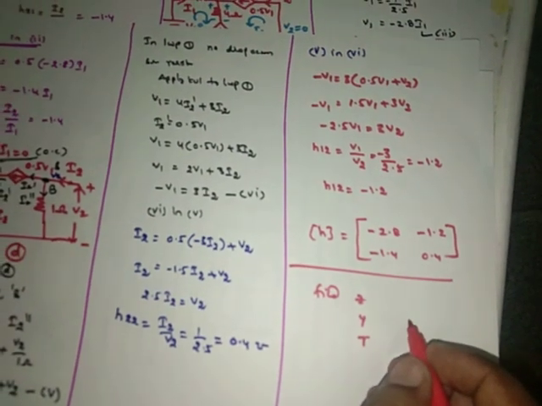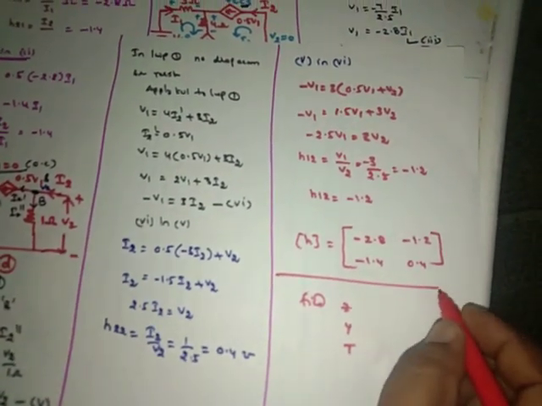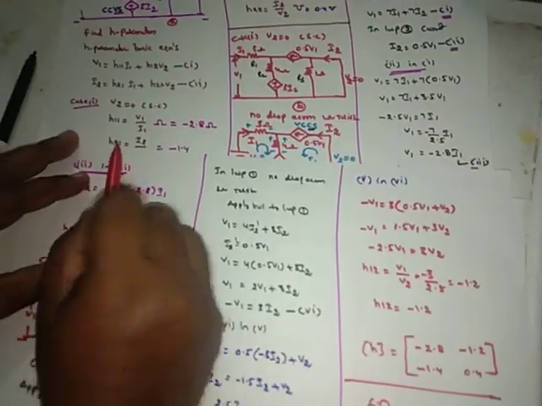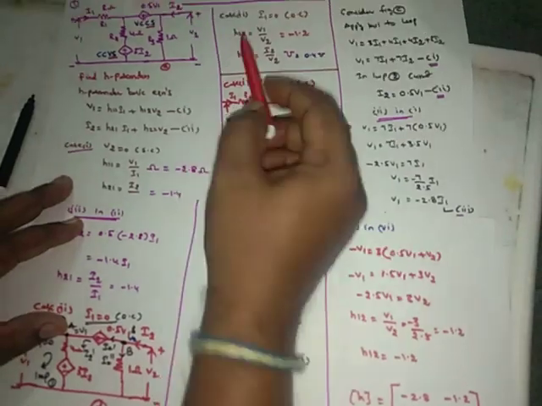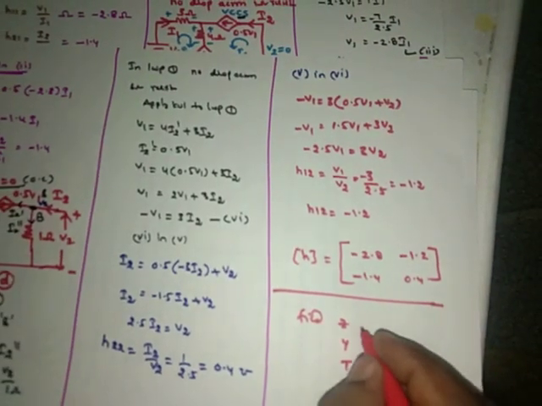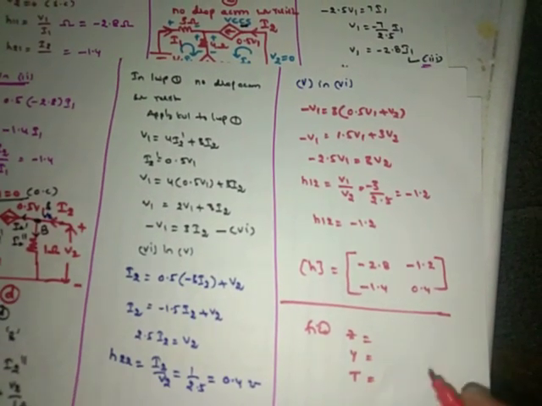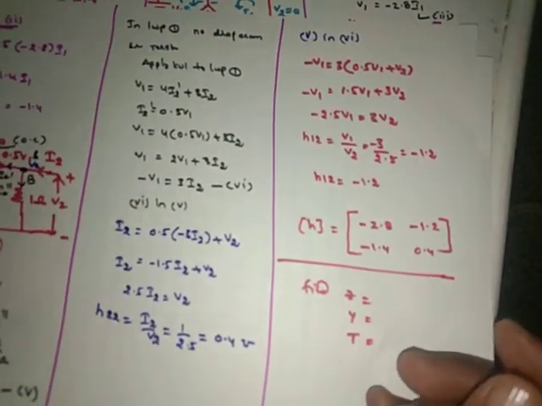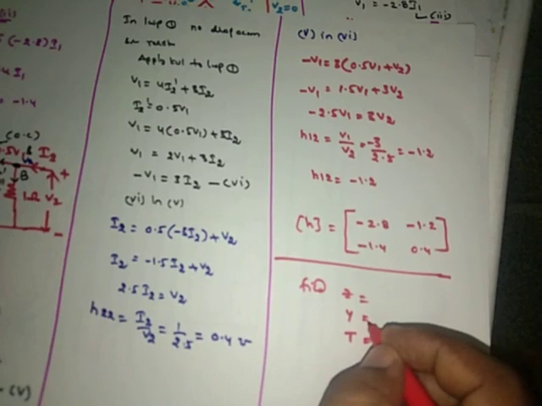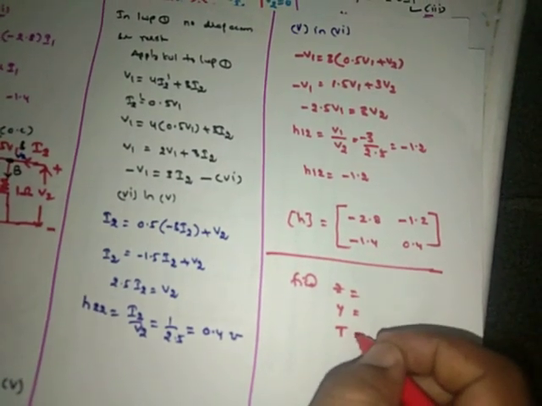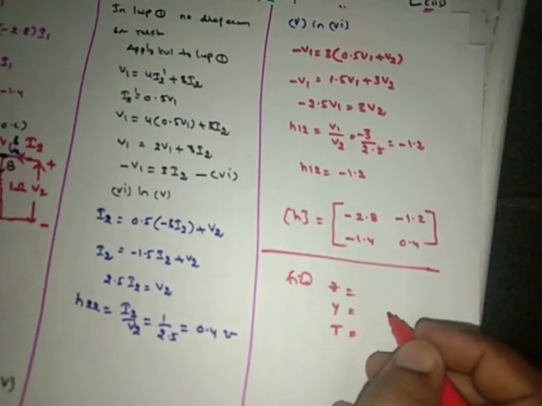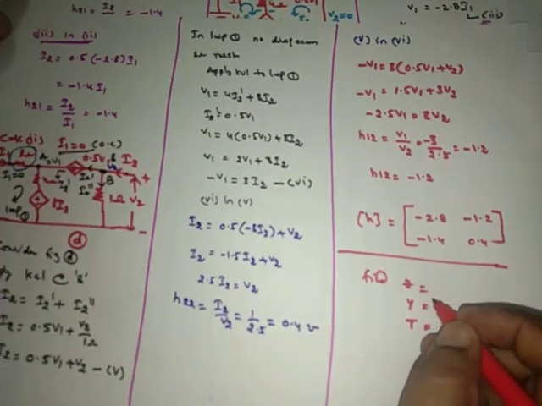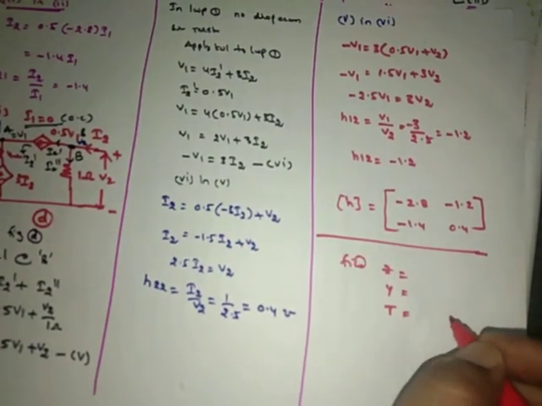By using the H parameter values H11, H21, H12, H22, you have to find Z parameters. Already we know how to express Z parameters, Y parameters and T parameters in terms of H parameters, right? Observe those video lectures and find Z, Y and T parameters.